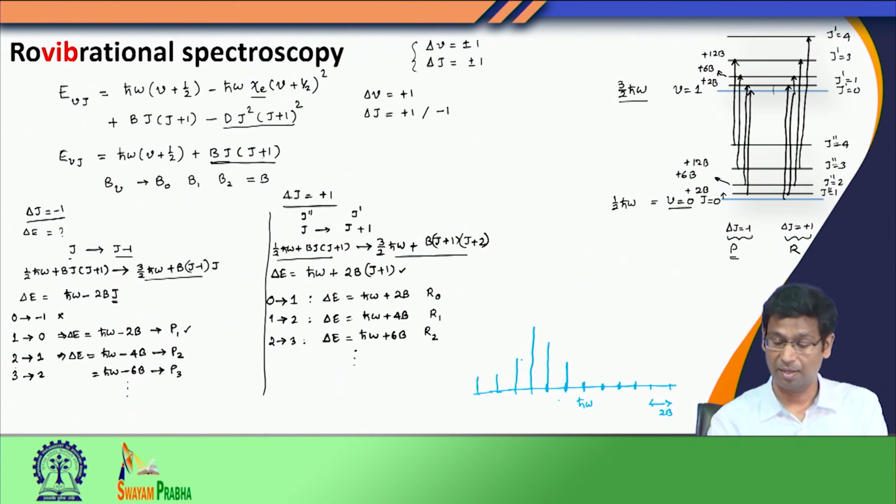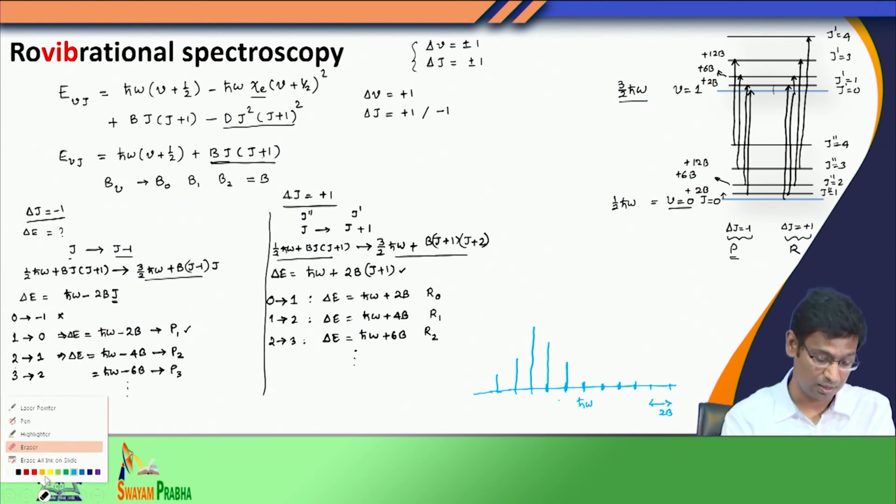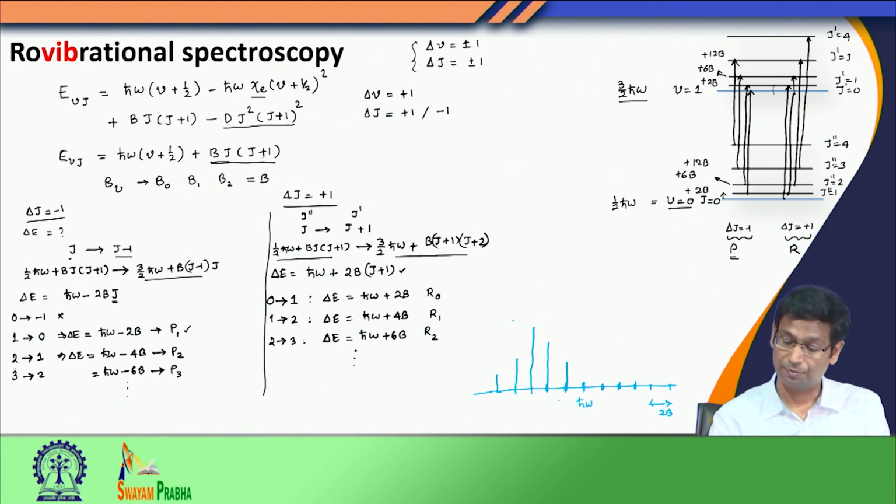As you know, the intensity of these lines would depend on the J values and the temperature. So we typically see a shape of the population distribution as is shown here. Now, let us look at the R lines.